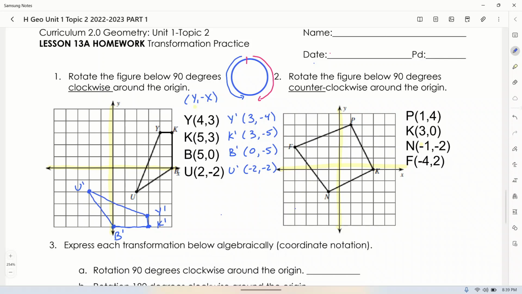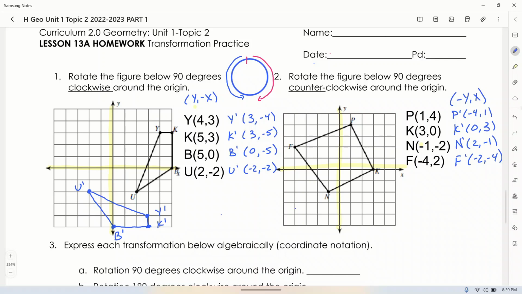Now in number 2, we're going to rotate the figure below 90 degrees, but in a counterclockwise direction. So our coordinate notation for counterclockwise is going to be negative y comma x. Okay, so let's go ahead and write these. Negative y comma x, negative y comma x, negative y comma x, and negative y comma x.